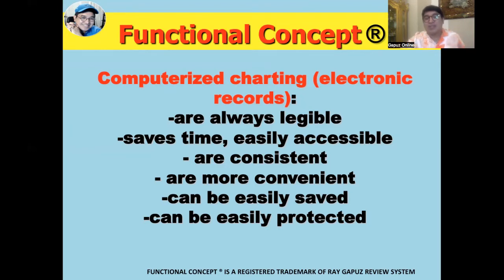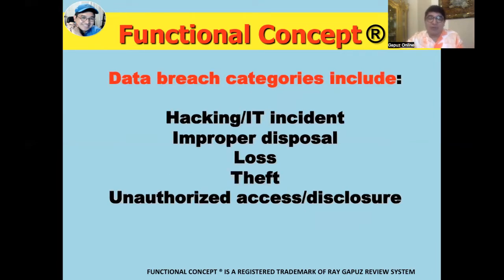Most importantly, it can easily be saved and can easily be protected. That is, if the nurse is knowledgeable about how to protect the data properly using the features of your electronic health records.